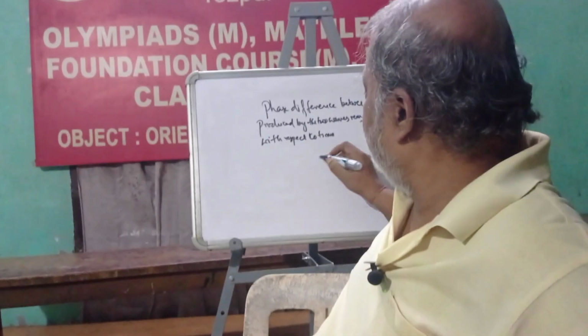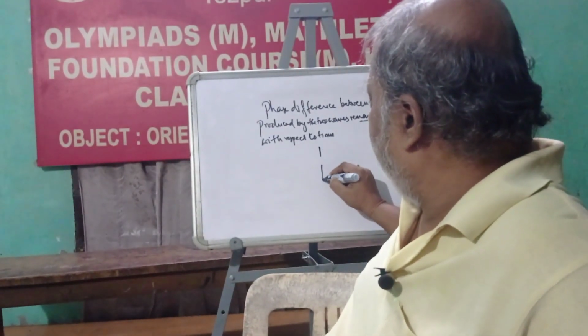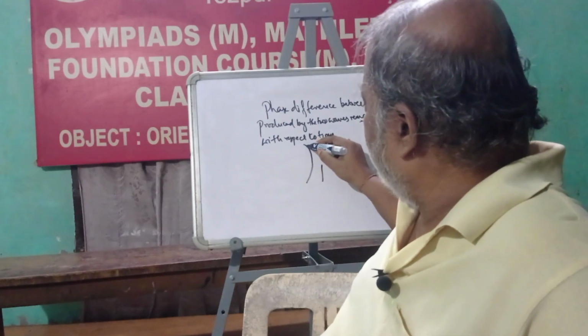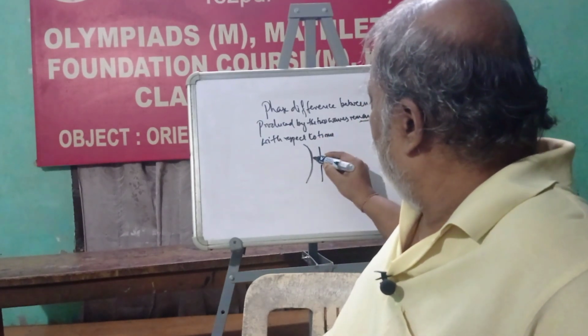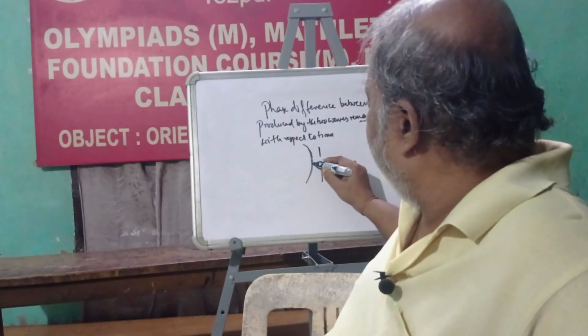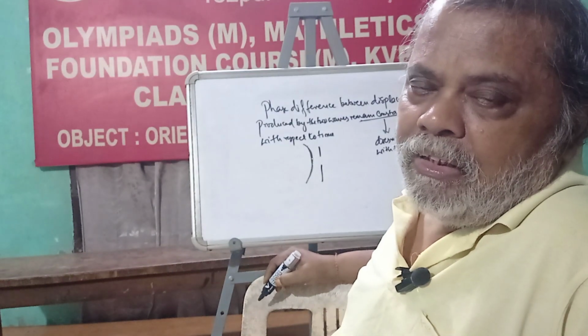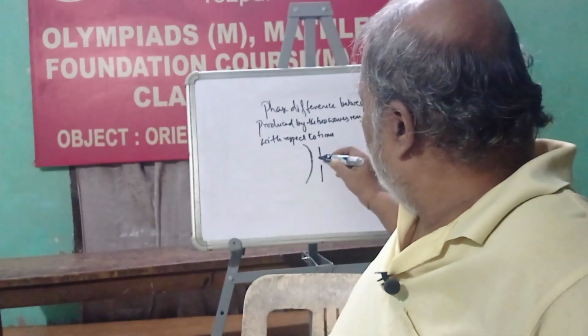And second, in the single slit, there is diffraction of light, that is the bending of light. This is your slit, and this is your wavefront. Every point on it is a secondary source of a secondary wavefront.